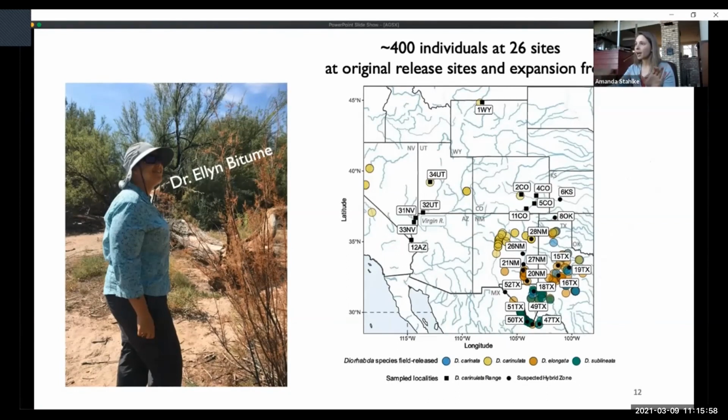Okay, and then the square points are the Cernulata range, where we think there's Cernulata and they've expanded. And then we have this suspected hybrid zone in the circles, or the filled points here. And each of our collection sites is labeled by this numeric alpha scheme, respective to the state where it was collected. So 1 Wyoming was the first collection in the state of Wyoming.